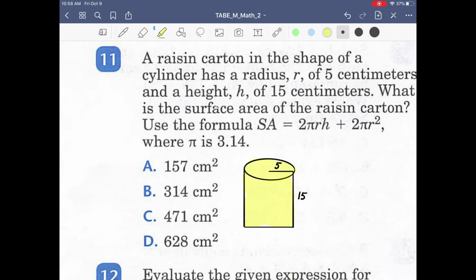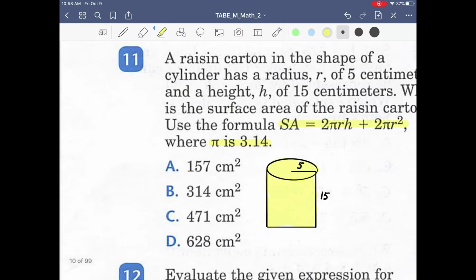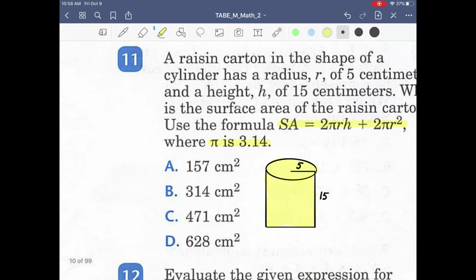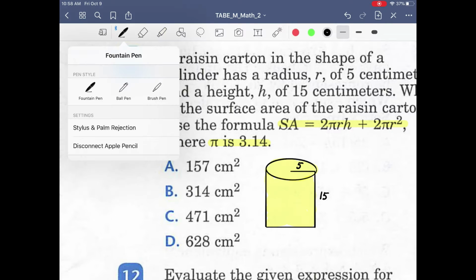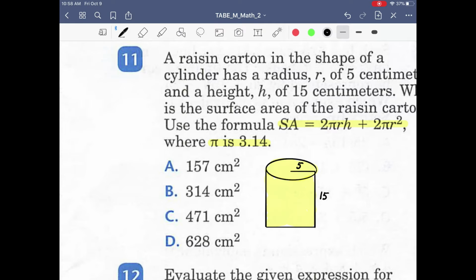So area covers. And they give us a very scary looking formula. Don't worry, we're okay here. And they also tell me that pi is 3.14. Now you may have never seen pi before. Pi is a Greek letter. It's spelled P-I.